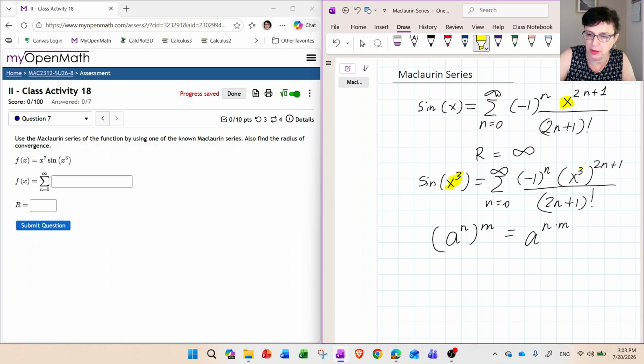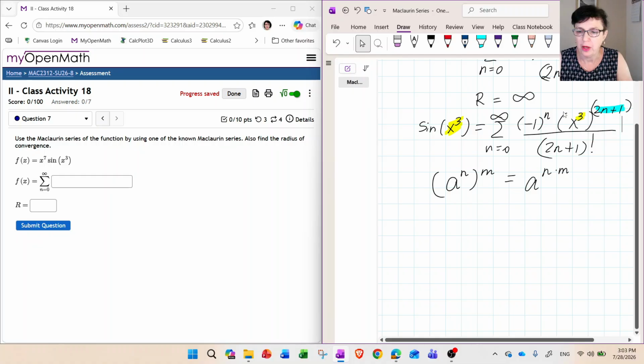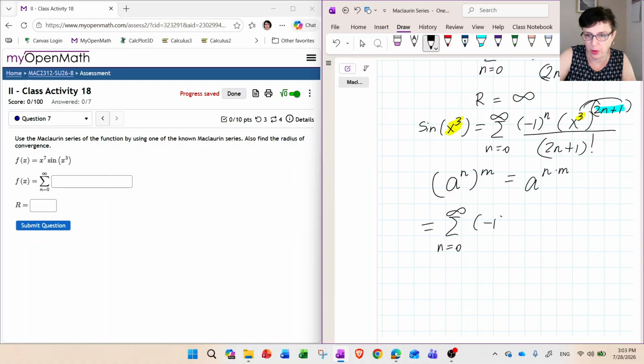So what that means is the 3 will be multiplied by 2n plus 1. And I would always recommend putting it in parentheses, or maybe just in your head, to understand that that 3 will actually be distributed to all terms. So we are going to wind up with negative 1 to the power n.